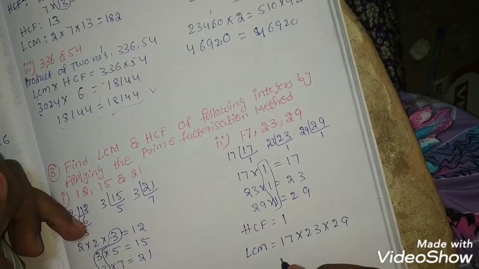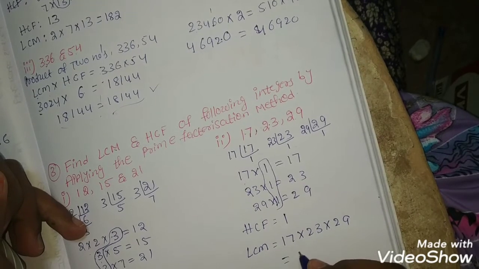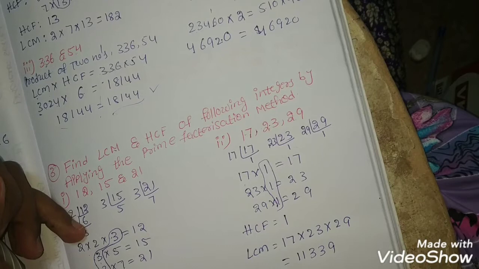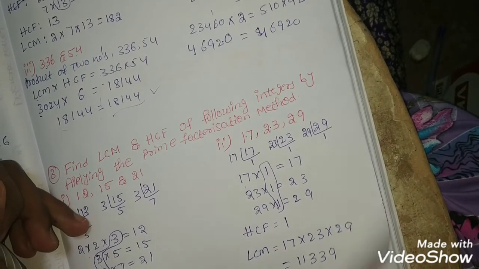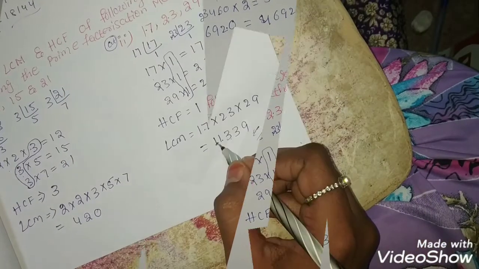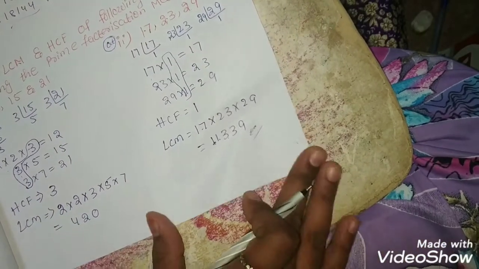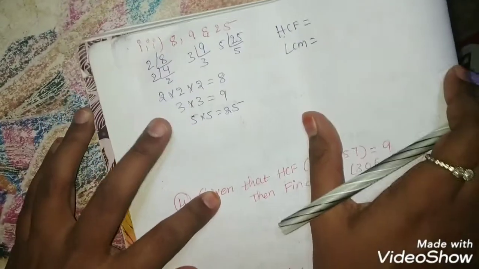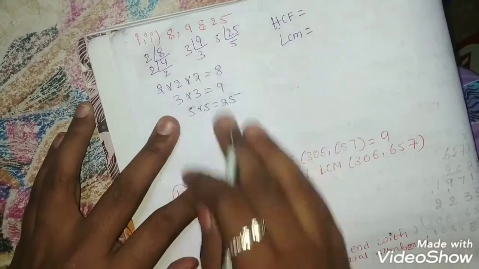Are you getting it? If you multiply these numbers, just check it. Our final answer is 1,01,339.